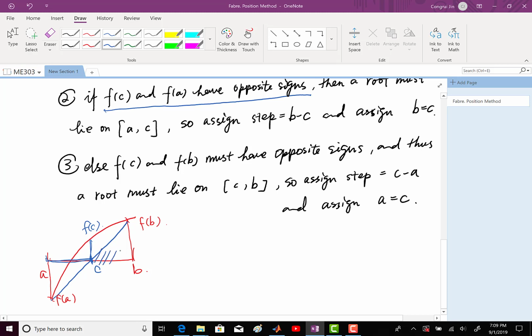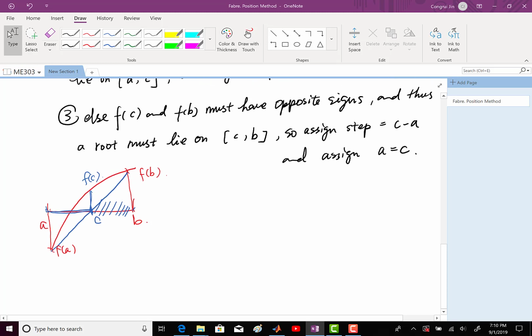Then we can remove the C to B interval, right? So in the next iteration, we will start from this interval. This interval will be the new A to B, right? So we need to assign the value of C to the variable B, because this point will be the new B for the next iteration, right?